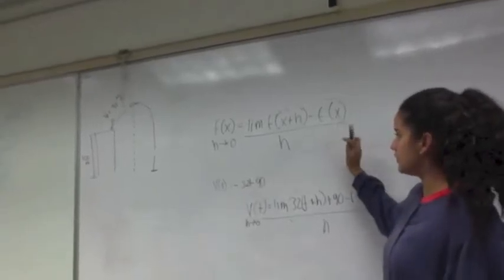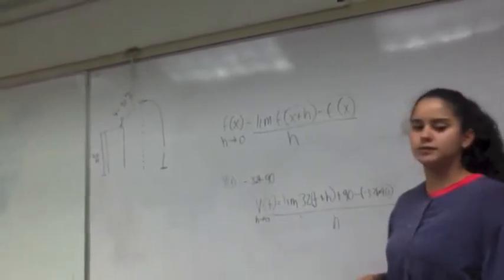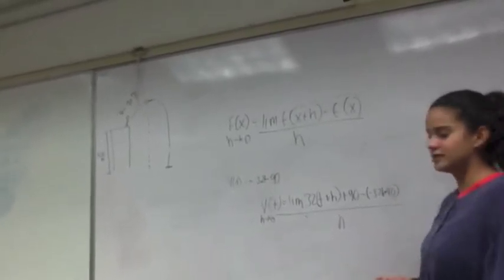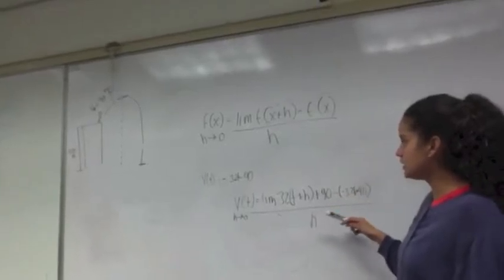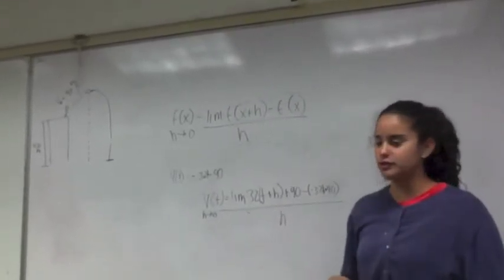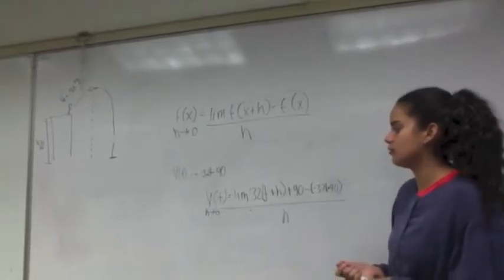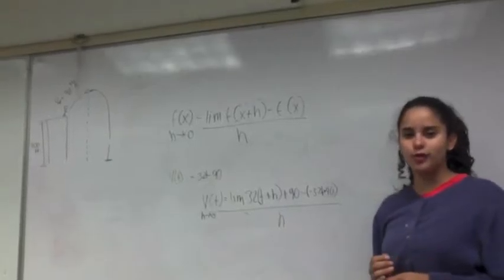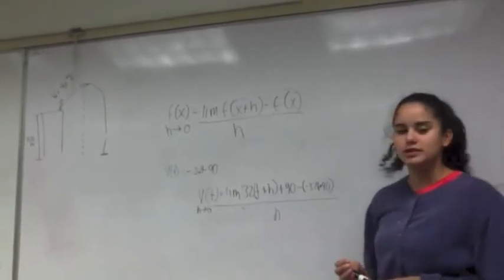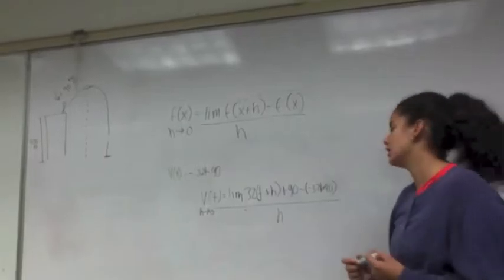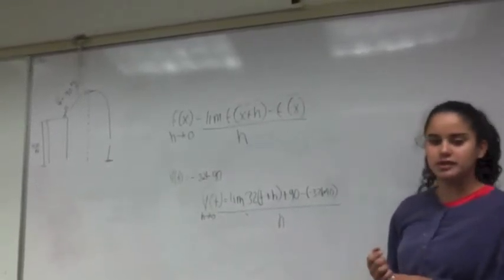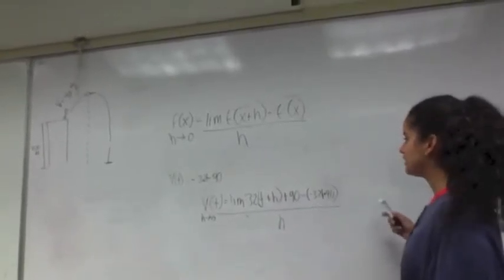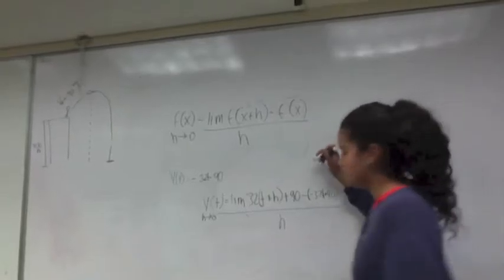We take the velocity equation, that is v(t) equals negative 32t plus 90, and substitute it in the derivative formula. The final result is a(t) equals the limit as h approaches 0 of negative 32 times (t plus h) plus 90, minus negative 32t plus 90, all over h.